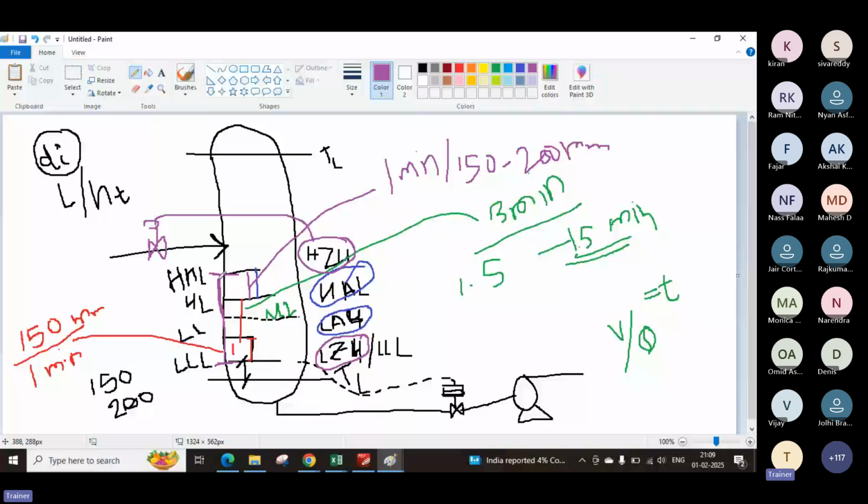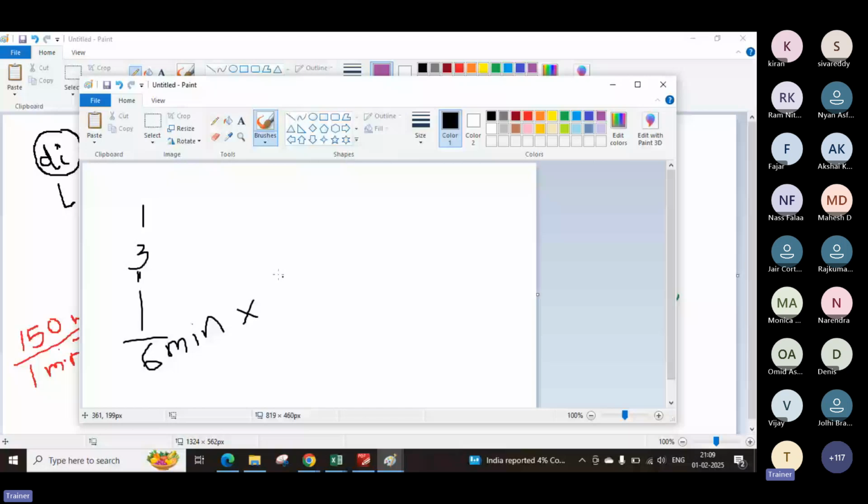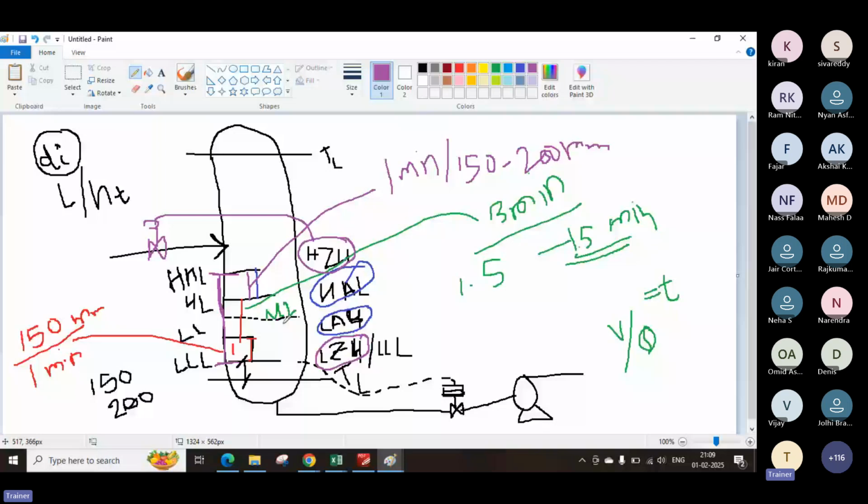So you take 6 minutes multiplied by the flow rate Q divided by 60, and you will come to know the volume, how much volume you have to store between this liquid level and this liquid level, plus this has a minimum 200, that we'll see.